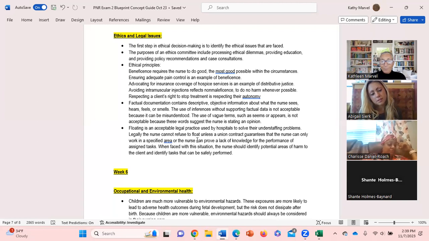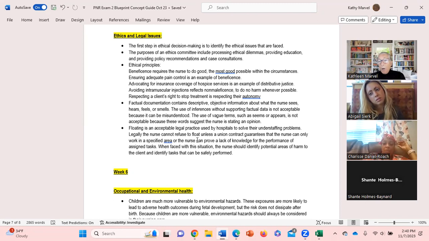So what could you do? You're floated to the PEDS unit, you've never worked with kids before. There's things you can do. What can you do? The normal things like vitals, give meds, help wheel people down who are being discharged, providing food trays.